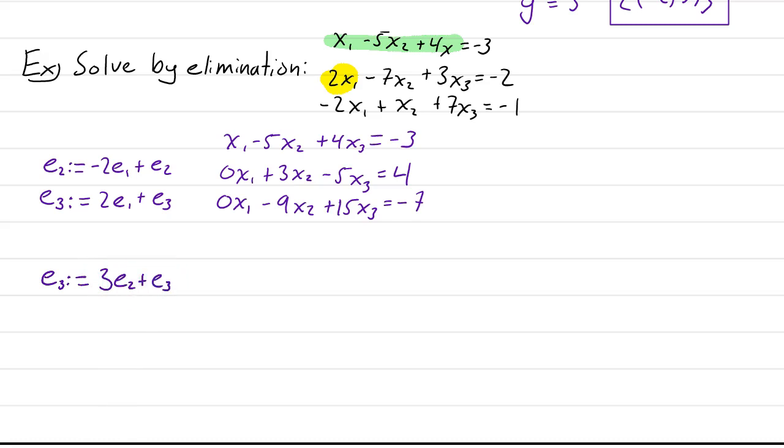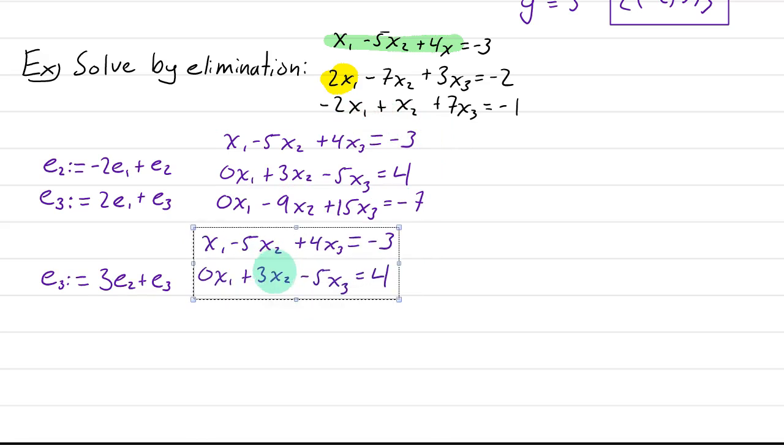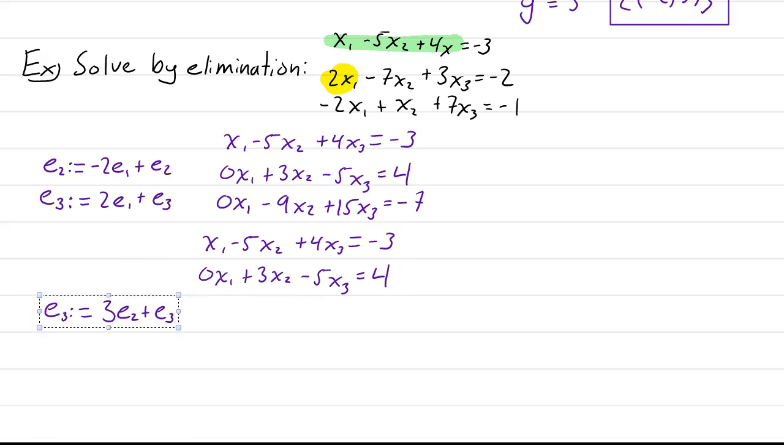The first two equations I'm going to leave unchanged here. And the third equation now is going to be still 0x1. 9 plus negative 9 is now 0x2. And then let's see, we're doing 3 times negative 5 plus 15. That's also 0. Okay. And let's see what happens here. 3 times 4 plus negative 7 comes out to be 12.